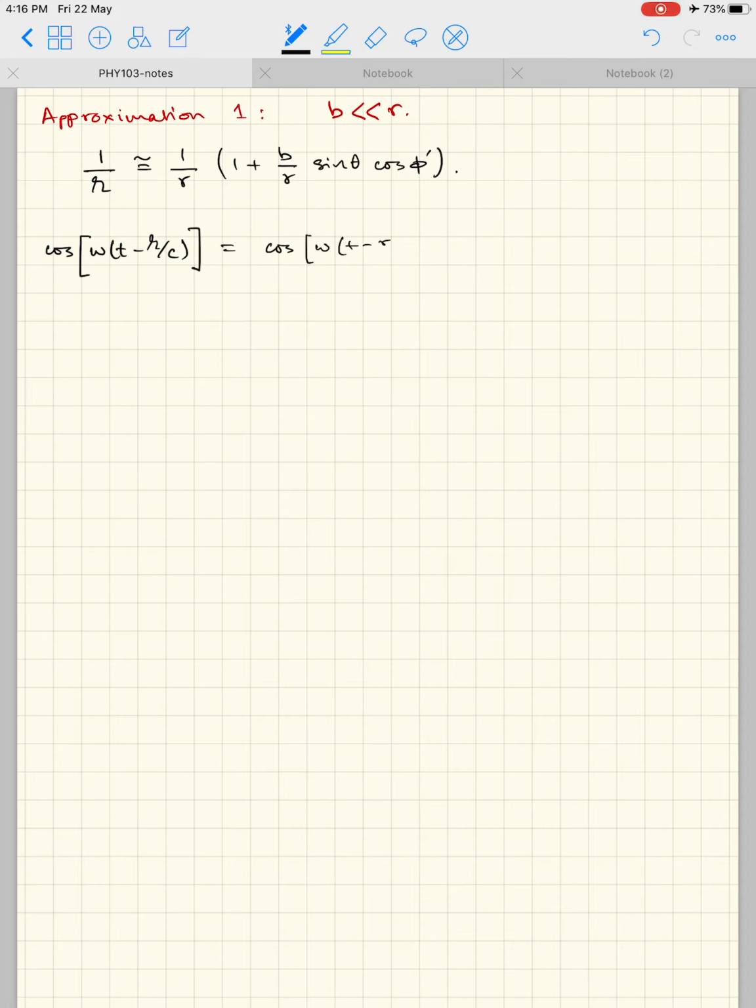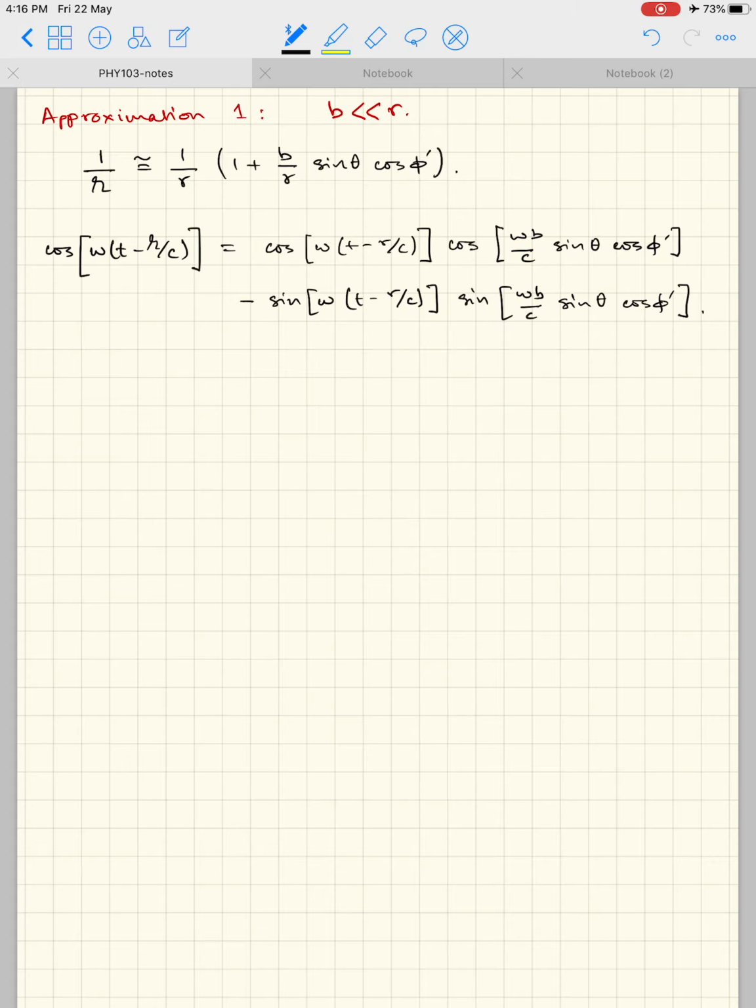So cosine of omega (t minus r over c) into cos of omega b by c sine theta cos phi primed, minus sine of omega (t minus r over c) sine of omega b by c sine theta cos phi primed. So that was, if you remember, our first approximation.